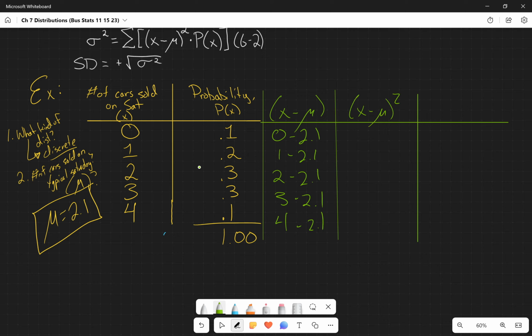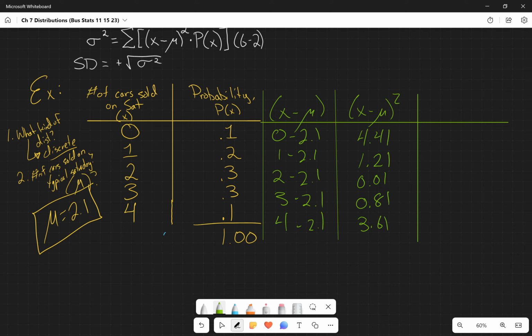Negative 2.1 squared is 4.41. Negative 1.1 squared is 1.21. Negative 0.1 squared is 0.01. 0.9 squared is 0.81. And 1.9 squared is 3.61.